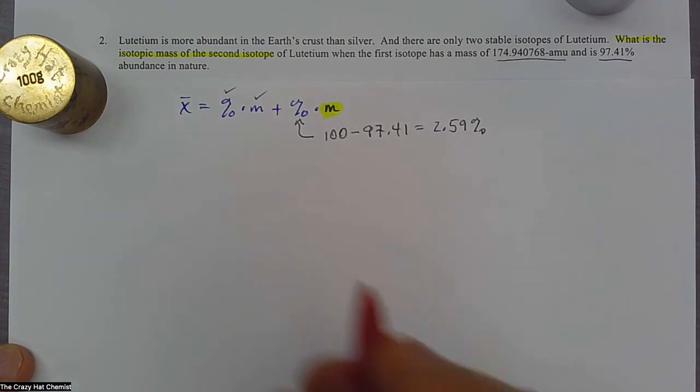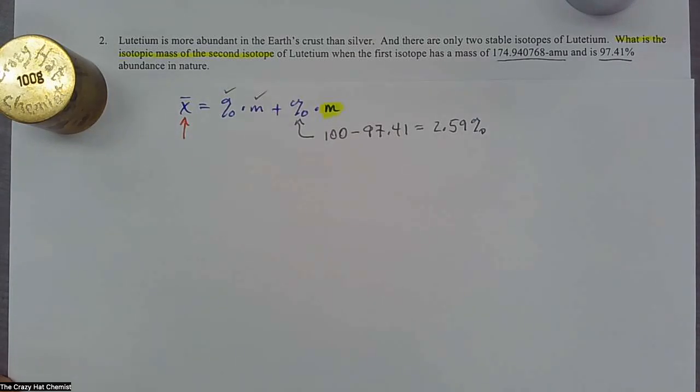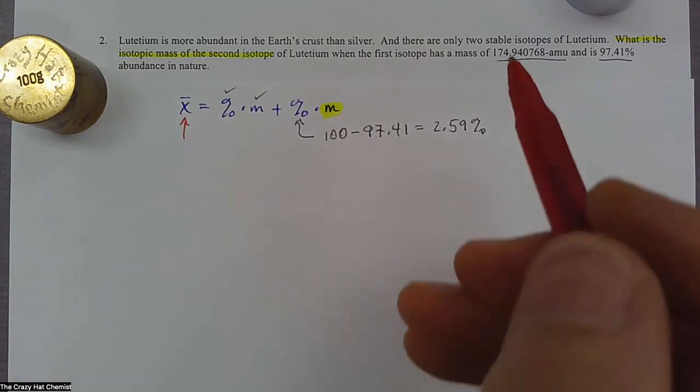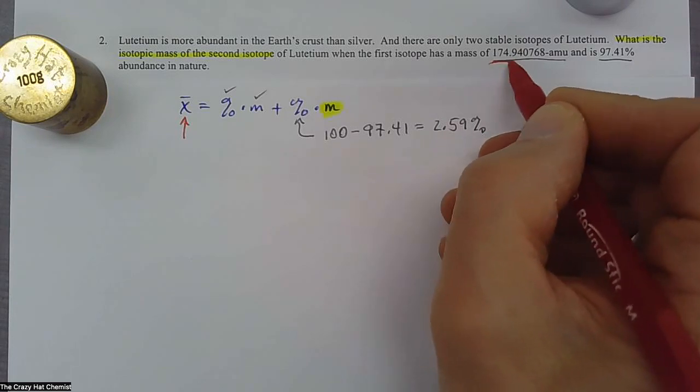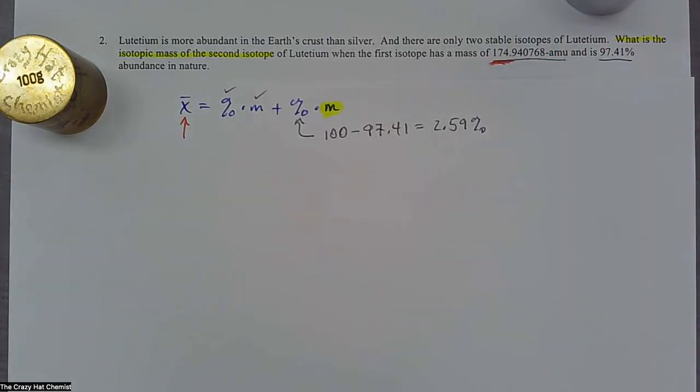The other number that we need to acquire is this average. And so this average, where is this coming from? This average is coming from the periodic table. So we need to find the element lutetium on the periodic table. How you find this is you should be looking up a number of a mass of approximately 175 or thereabouts.